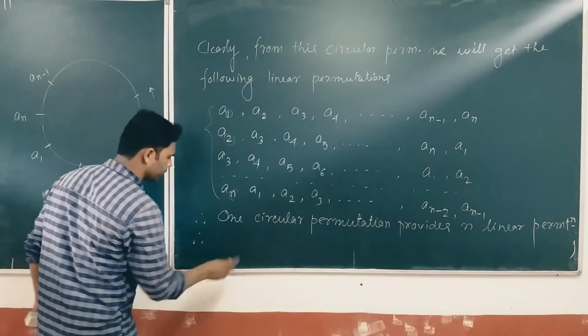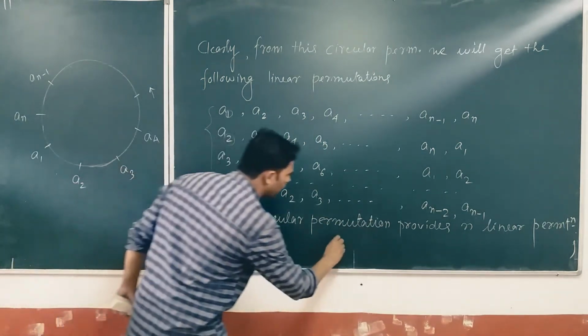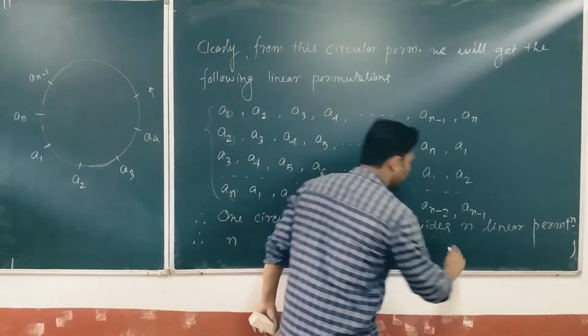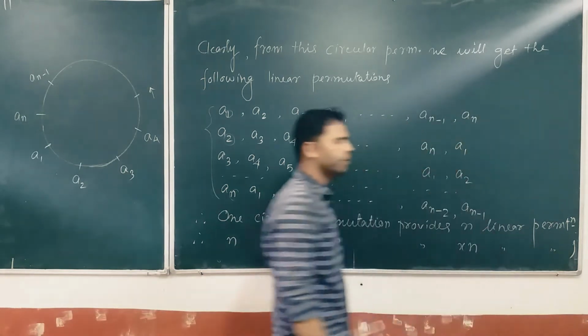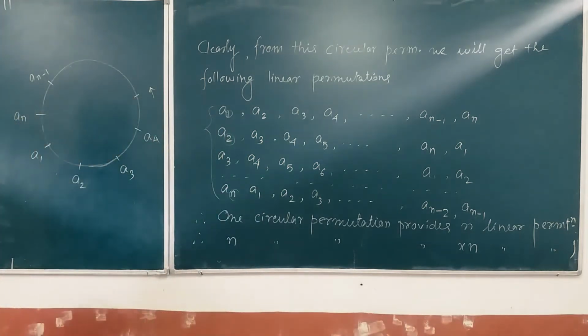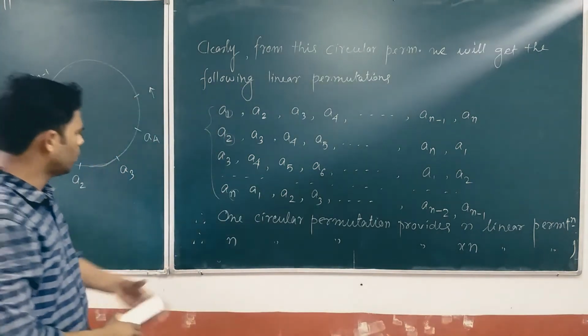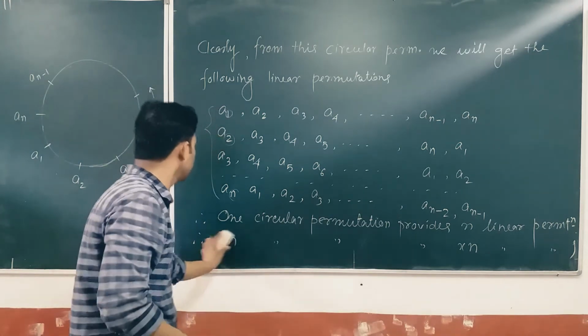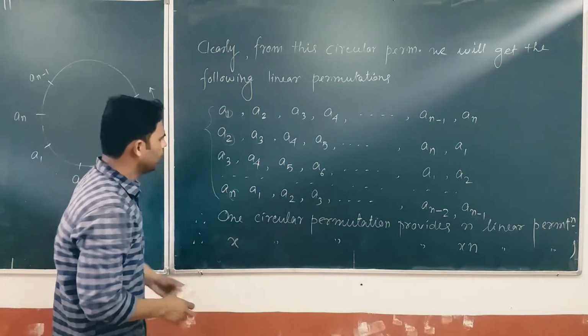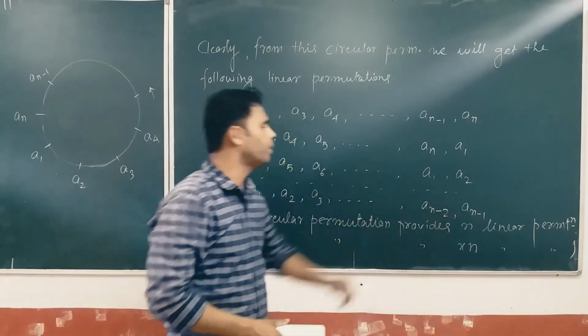Therefore x circular permutations provide x into n linear permutations. Very simple. x not n, x circular permutations will provide xn.